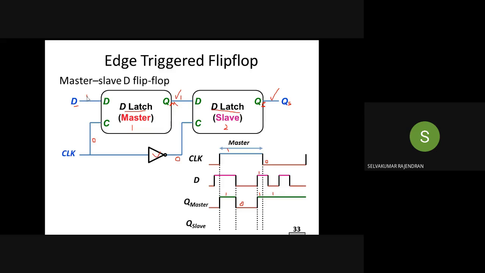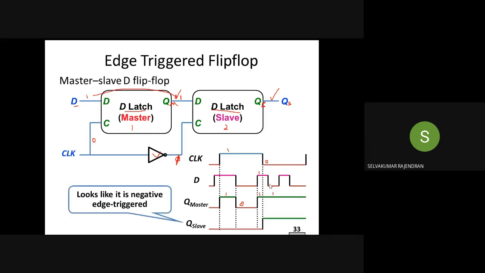Now the clock is 0, so the master stage is disabled, and the slave is enabled because of the inverter of the clock.